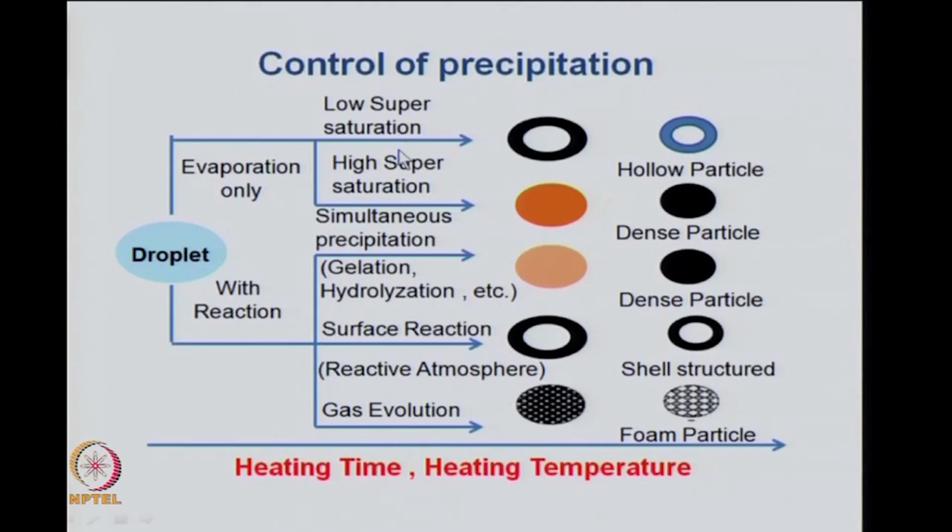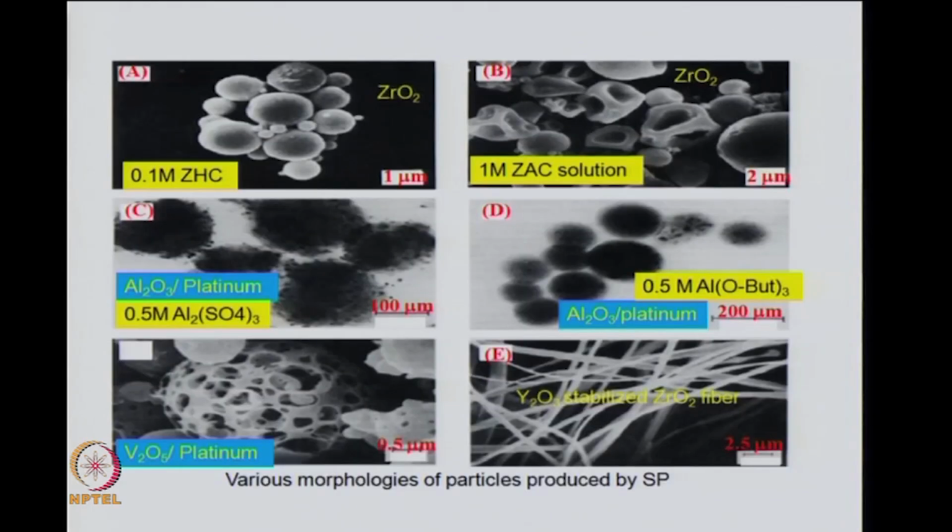So, one has a slightly lower level of supersaturation than the other one, and hence the morphology of these particles is very different. Both form the same compound or composite of alumina in platinum, but because the different reagents have different solubilities in the solvent, you are getting different morphology.